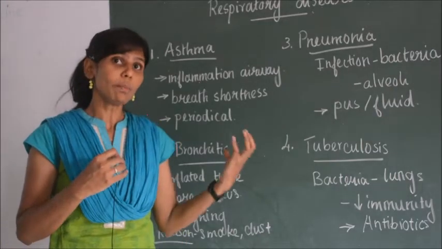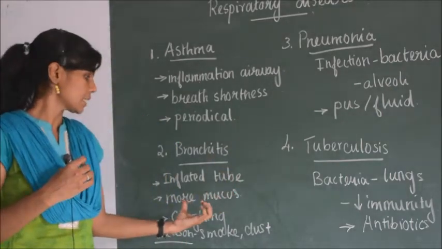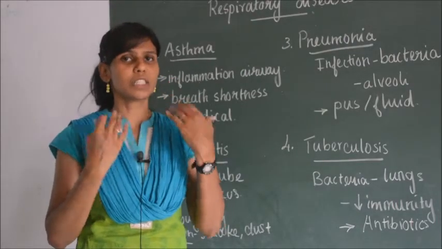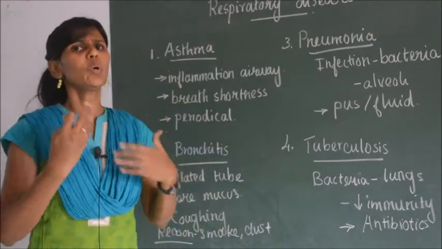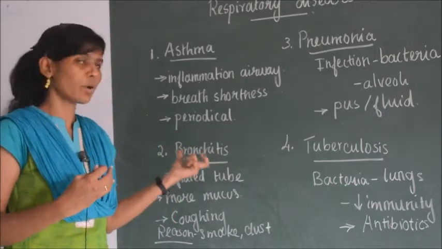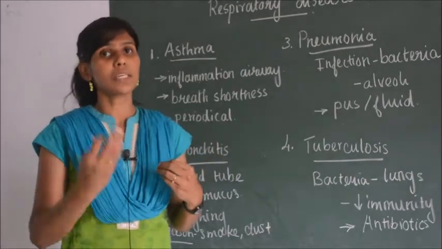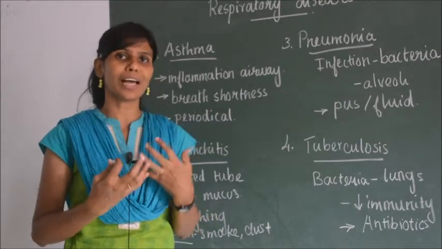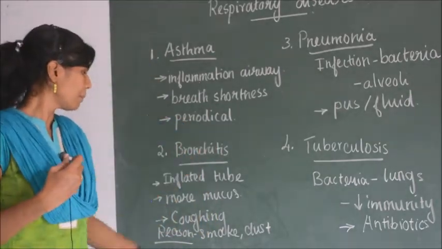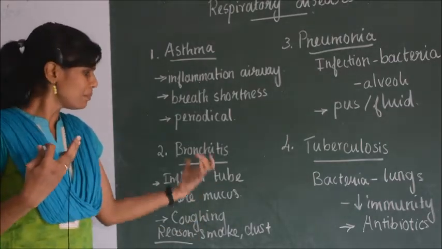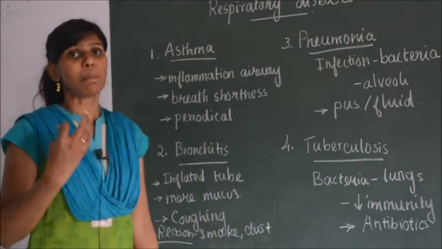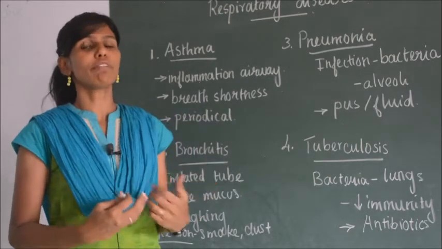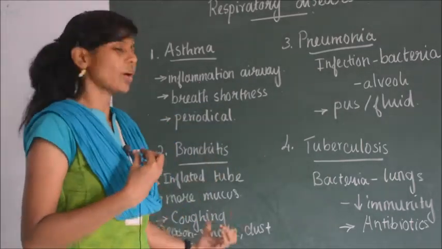One more major symptom in this disease is that more mucus is produced. Mucus is the sticky substance in your respiratory pathway, right? So more and more mucus is produced in bronchitis, and the infected people will start coughing more. What may be the reason for bronchitis? Mainly smoke and dust may be the main reason for a person to get bronchitis.